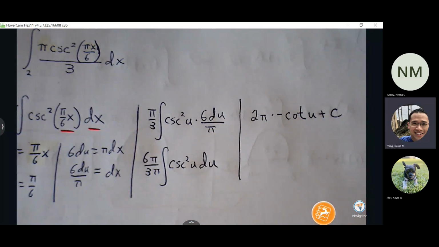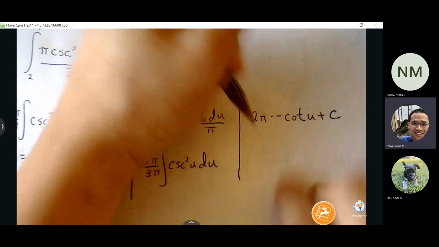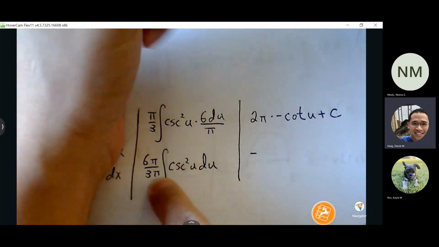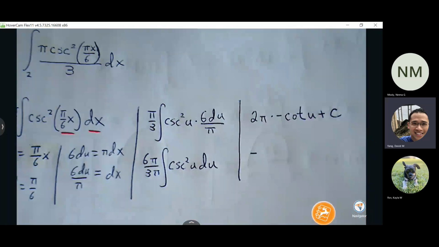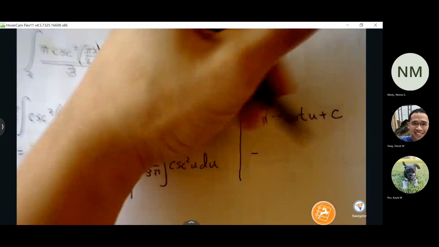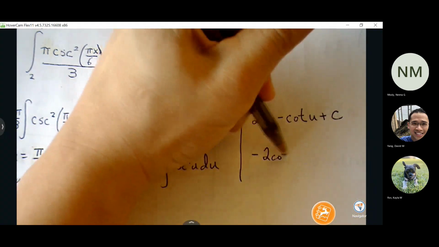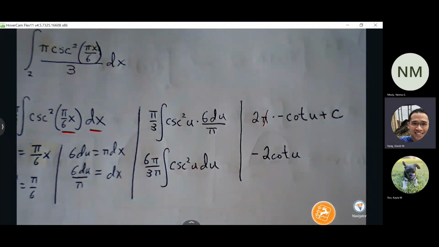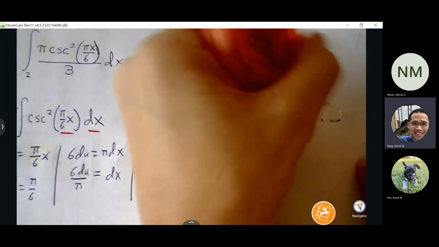We know the derivative of cotangent is negative cosecant squared. So therefore, the integral of cosecant squared is negative cotangent. So I'll merge that with the 2. Well, sorry, not 2 pi, just the 2, right? And not a plus c because we're dealing with a definite integral.